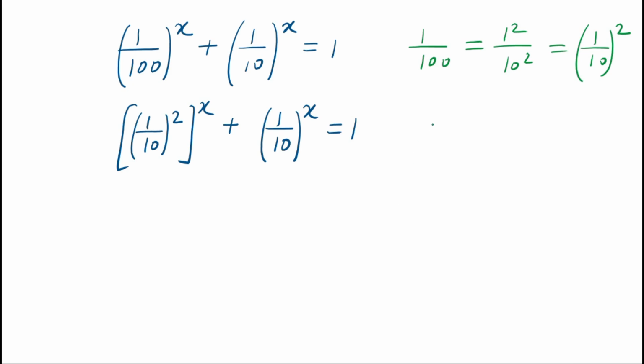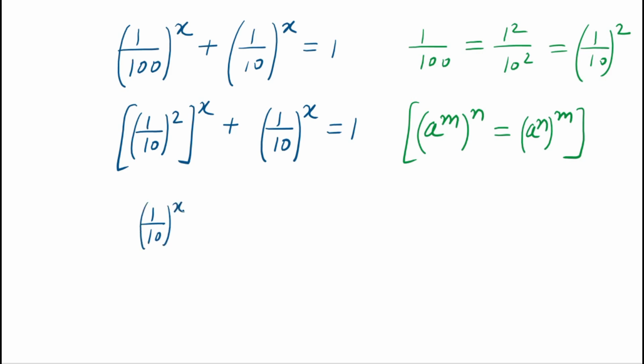Now we will apply this rule: (a power m) bracket power n is equal to (a power n) bracket power m. According to this rule, we can replace this 2 by this x. Then ((1 over 10) bracket power x) bracket power 2 plus (1 over 10) bracket power x is equal to 1.